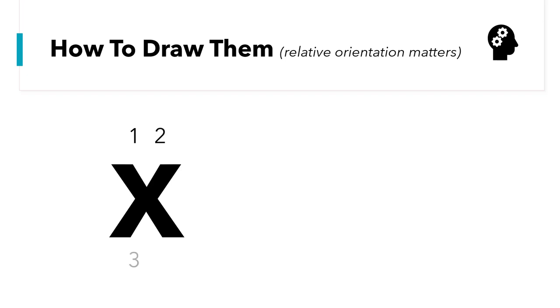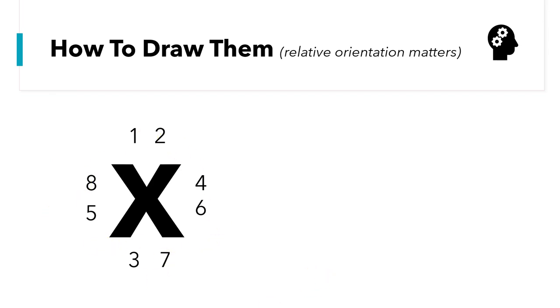The order you want to put your electrons in goes like this. We start with 1 and 2 together. 3 goes on the opposite side. 4 and 5 fill in the empty sides, and then we fill in any spaces so that they're all paired up. That is our general number format in terms of filling it in.